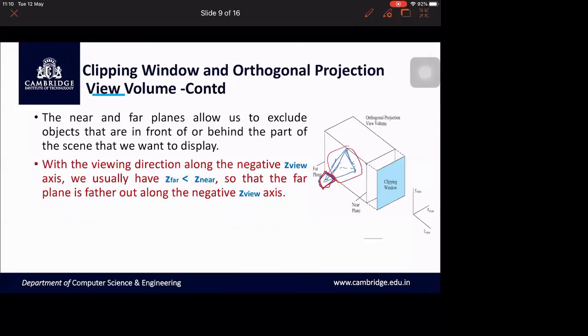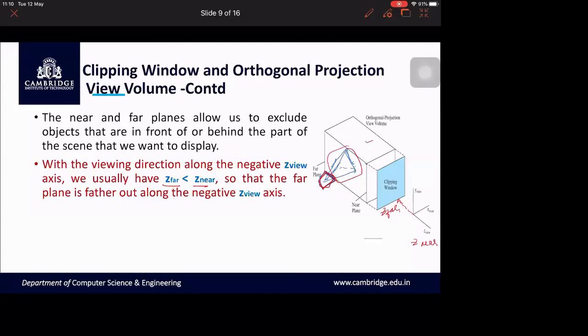Fine. With the view direction along the negative z view axis, we usually have z far less than z near. So in the viewing direction, you can see here, z near is this and z far is this.